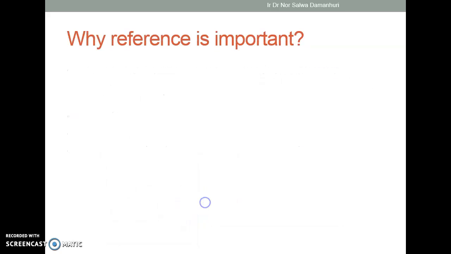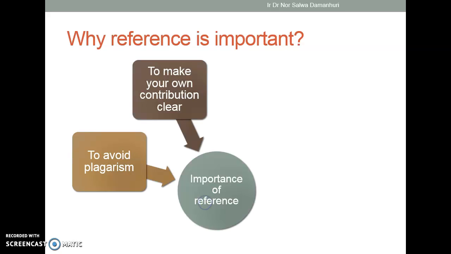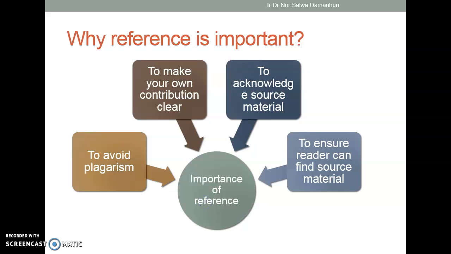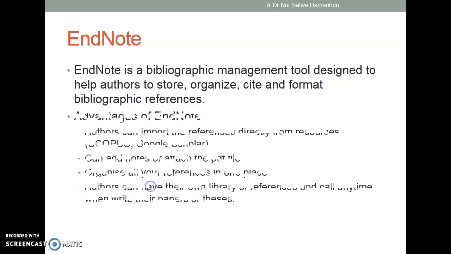Why are references important? To avoid plagiarism, to make your own contribution clear, to acknowledge source material, and to ensure that readers can find the source material. For this lesson, I will concentrate on how to use EndNote. EndNote is a bibliographic management tool designed to help authors store, organize, cite, and manage bibliographic references.